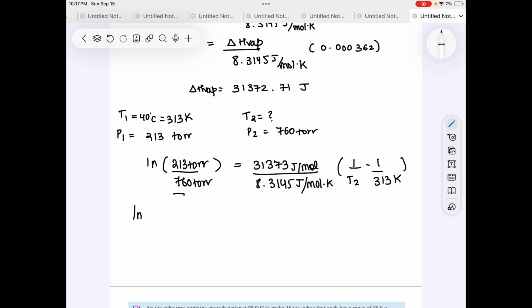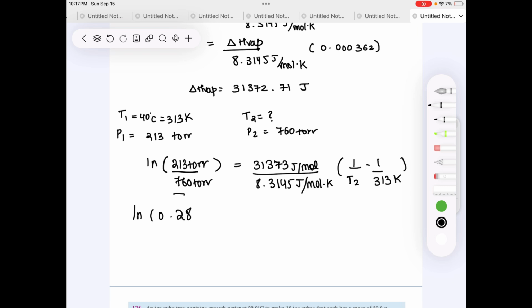We get ln equal to 0.280, equal to, let's solve this.